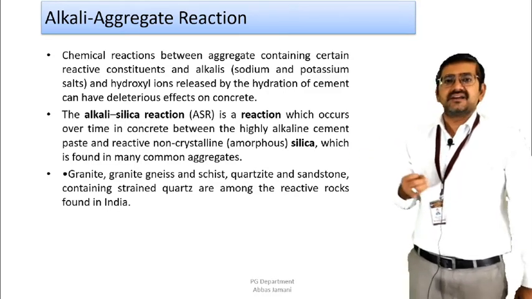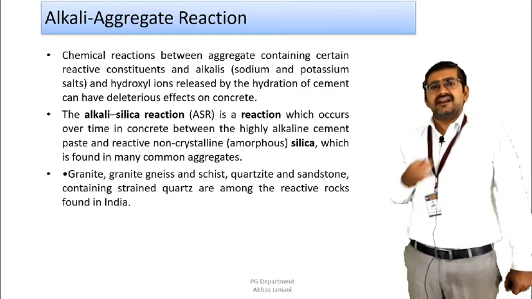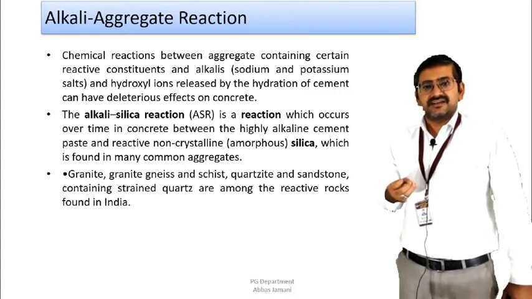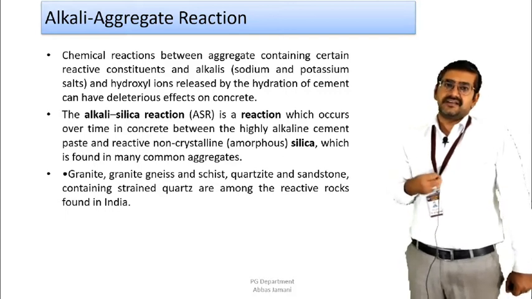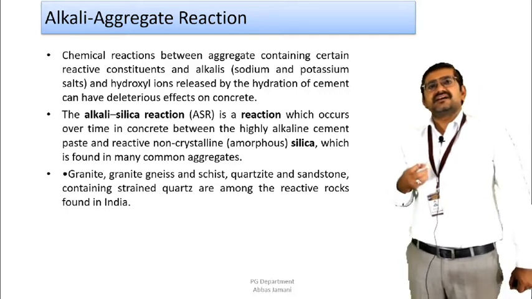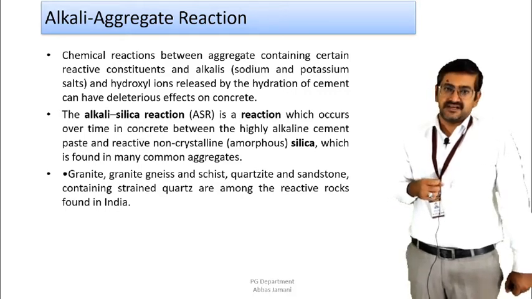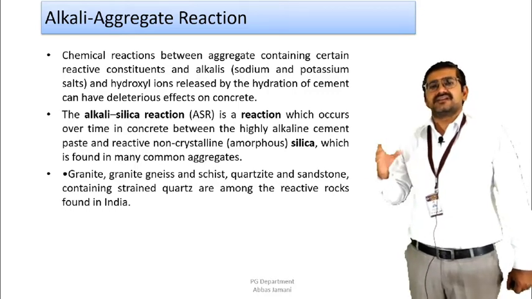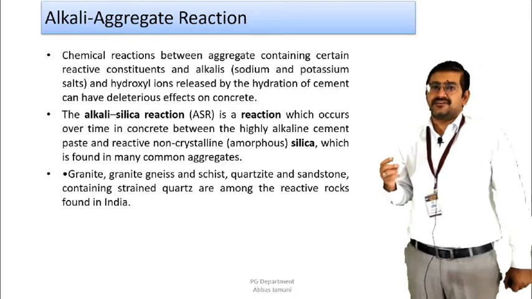That is the chemical reaction between the aggregates containing reactive constituents and alkalis, along with the hydroxyl ions released from the hydration of cement. The alkalis are in the form of potassium and sodium in the cement content itself. So if this potassium and sodium go beyond a certain limit, then the promotion of alkali aggregate reaction is very likely, right?